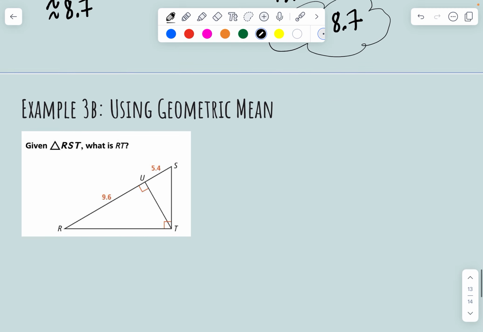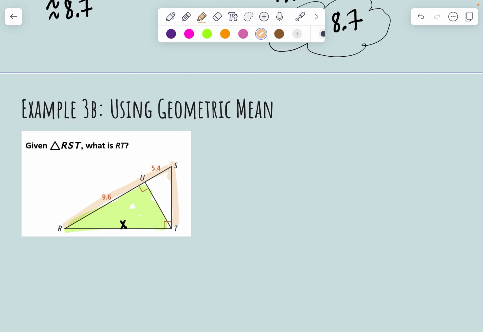Let's look at one more. They want us to find RT, so I'm going to put an X there. I see that RT is part of my medium triangle, and RT is part of my big triangle.